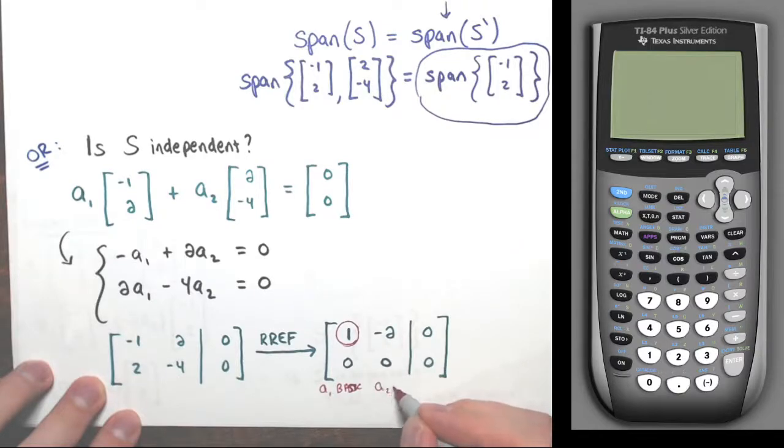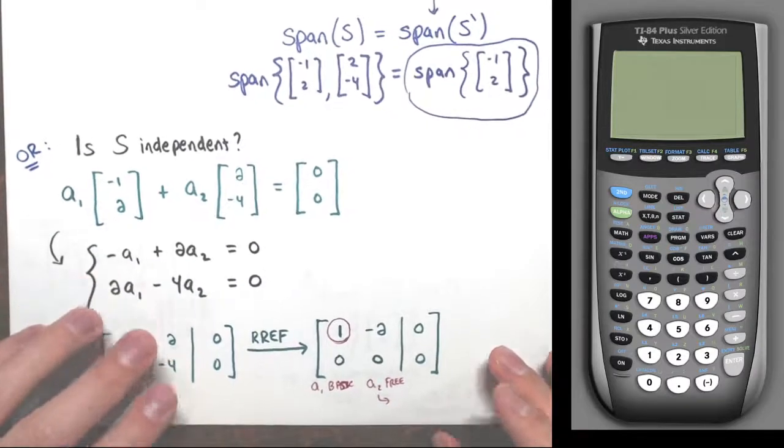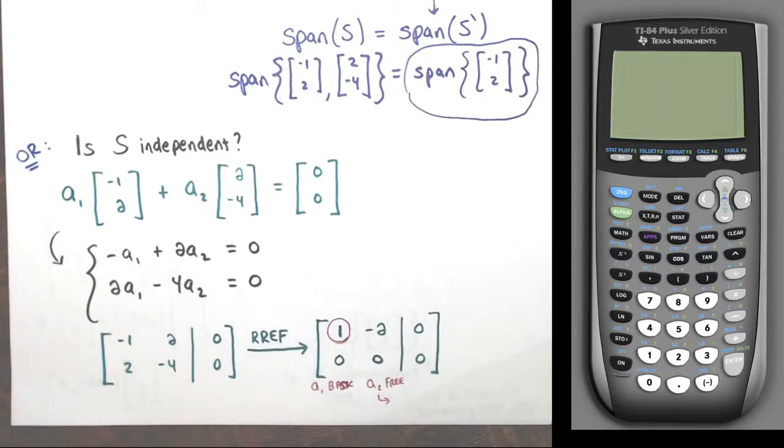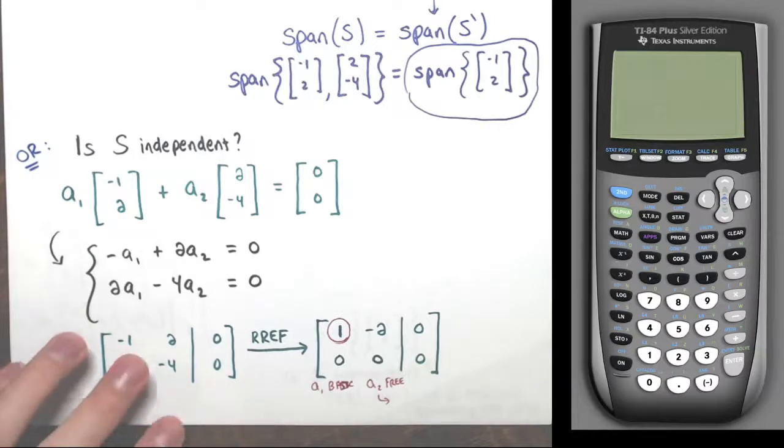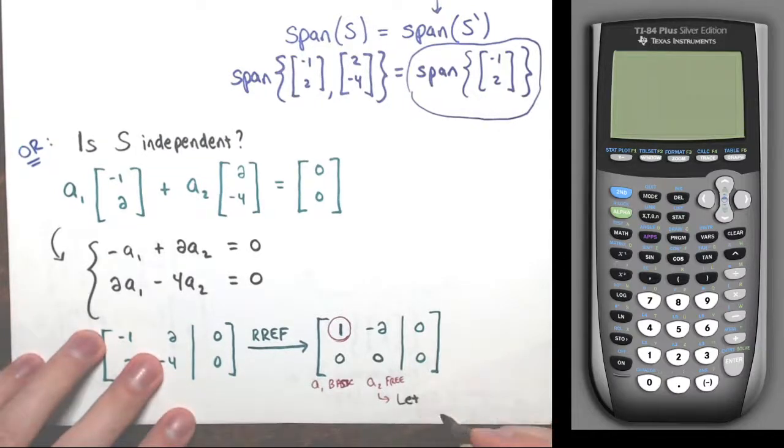So A2 is free. Now, because A2 is free, I can let A2 be whatever number I wish. You can leave it as A2 if you want. I personally like representing free variables with other expressions, parameters, right? So I'm going to let A2 be equal to, say, T, where T is any real number.